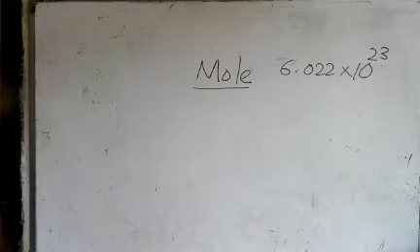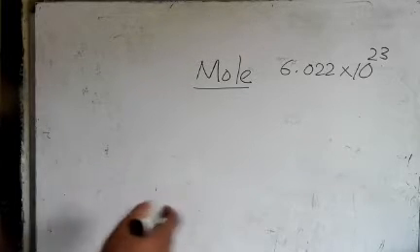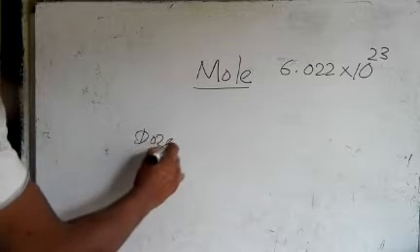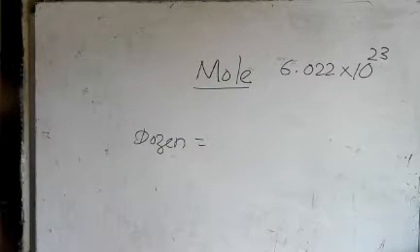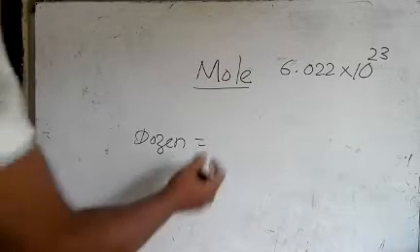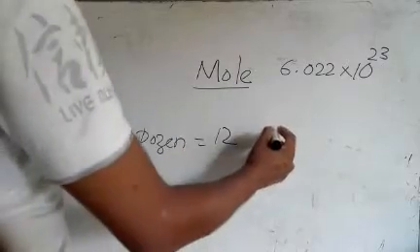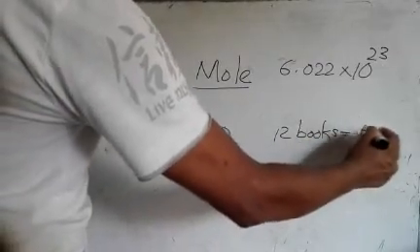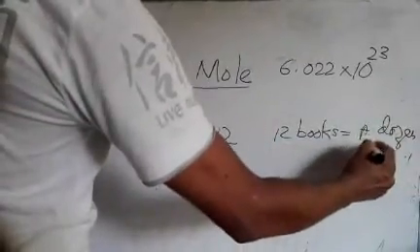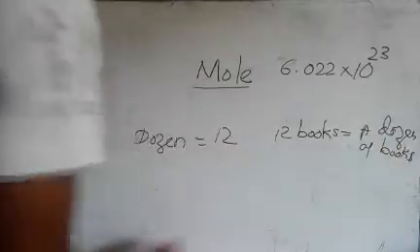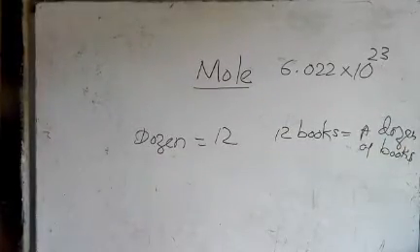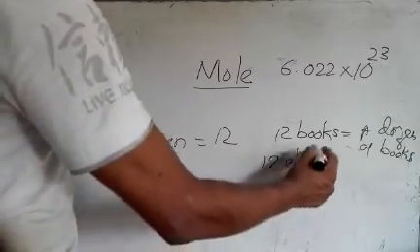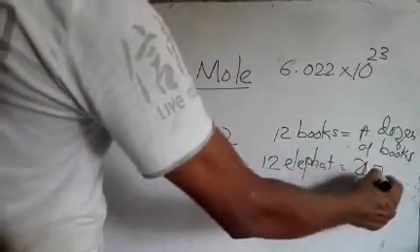So this is very similar to the day-to-day life word, the dozen. You know that dozen means 12 of things. As an example, 12 books can be called a dozen of books. 12 elephants can be called a dozen of elephants.